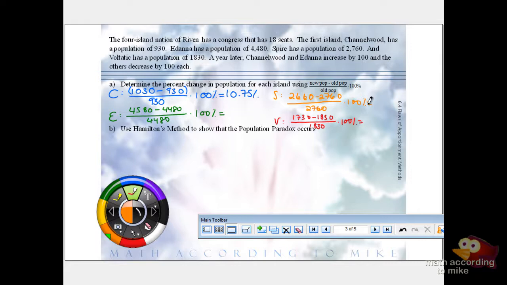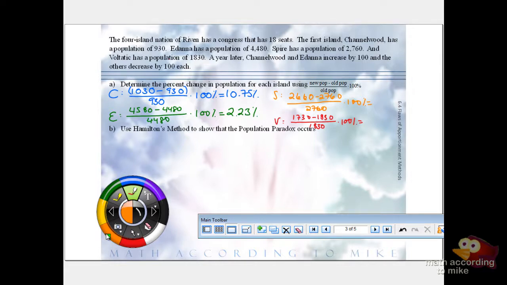What do you get for Edina? Well, Edina grew, so it should be 4580 minus 4480. So just positive 2.23%. Is that okay with everyone else?